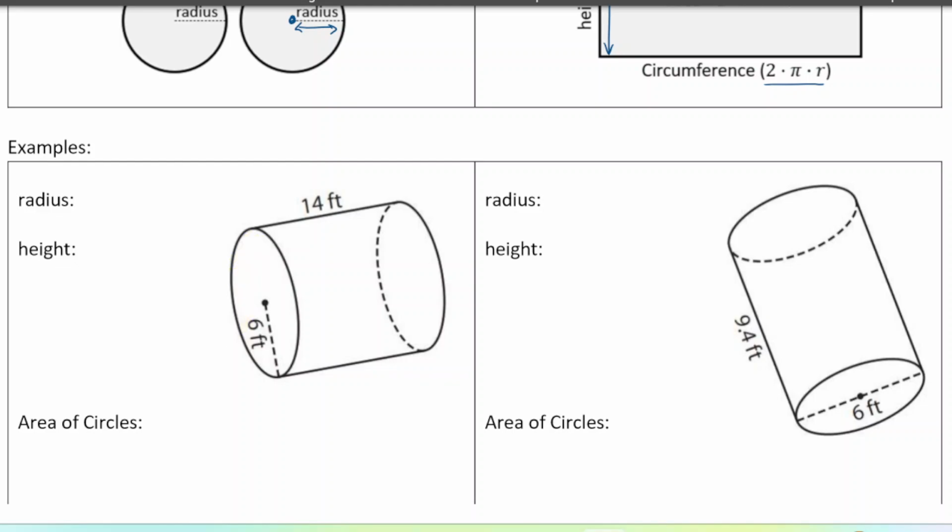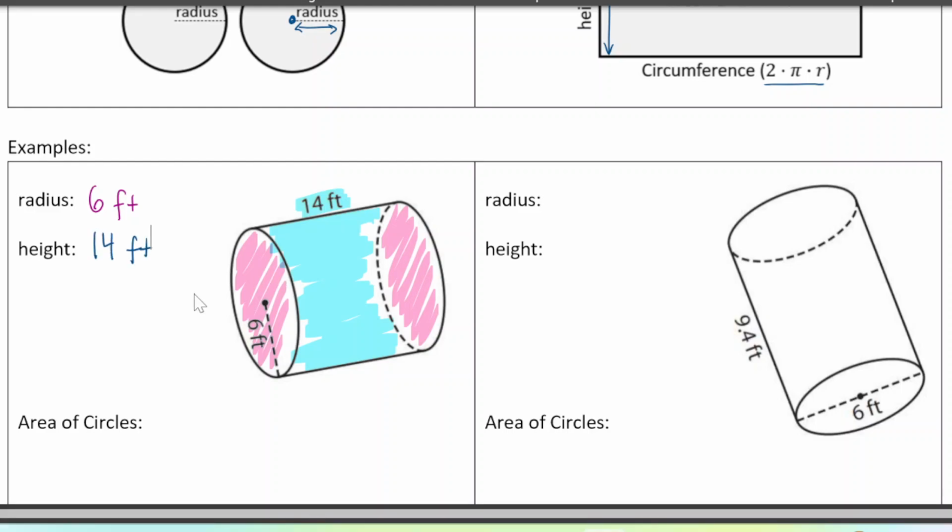The radius of my circle I can see there is 6 feet. And then the side part of the rectangle that goes around the side has a height of 14 feet.